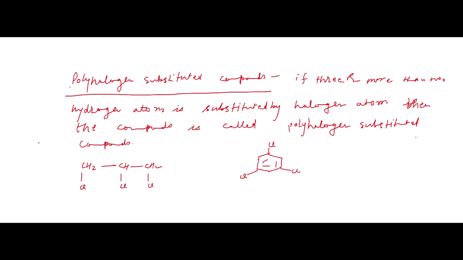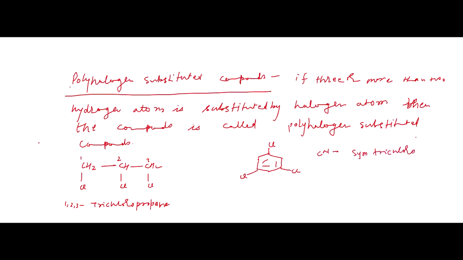So let us see here, 1, 2, 3. This is the trichloro. What is there? Propane. Trichloropropane. Another one: firstly, we write the common name of this one. This is called symmetrical trichlorobenzene.